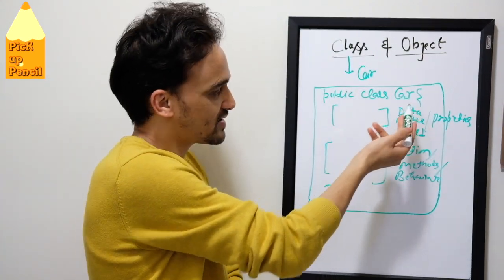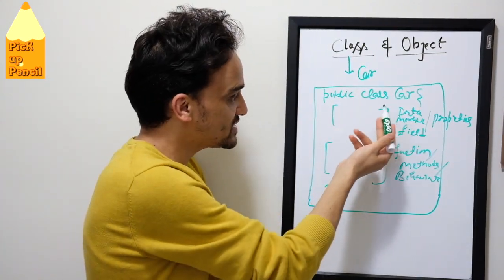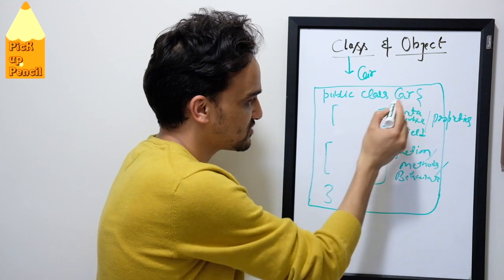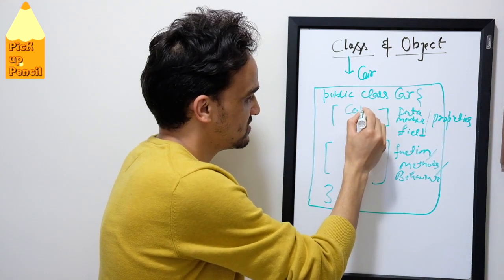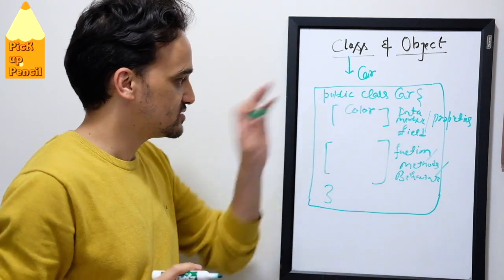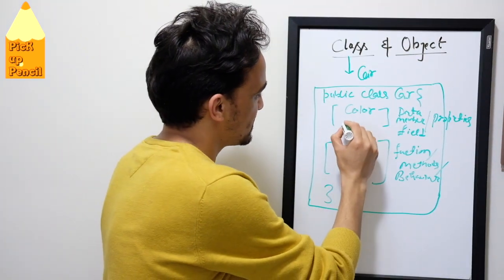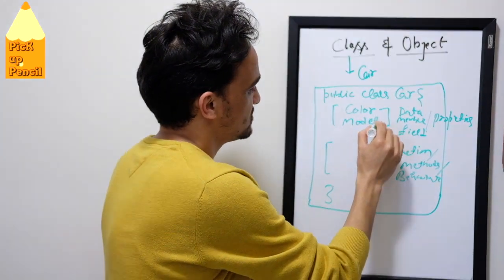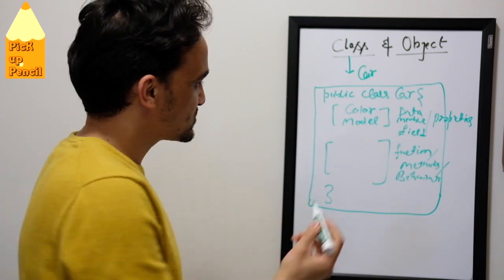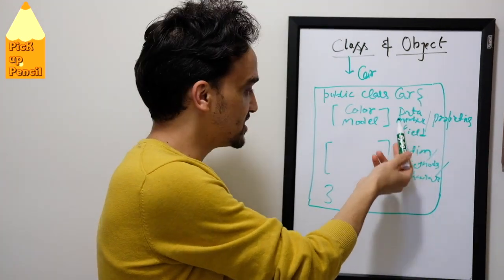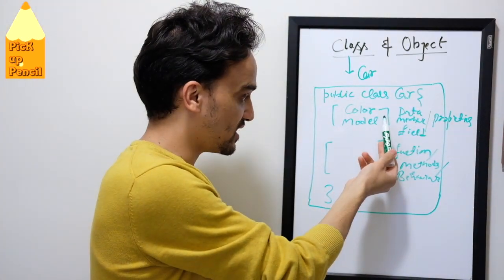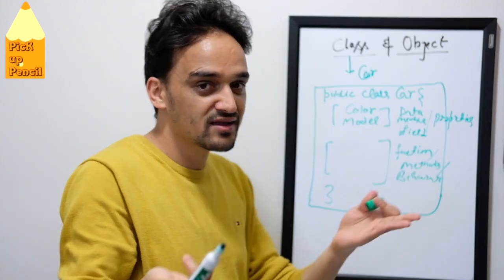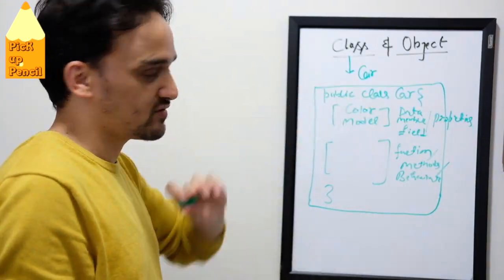If we build a car class, we can declare some data members, and the car can have a color, and a car can have a model. So when we build a car class, we are defining data members here, which represent the properties of a car.